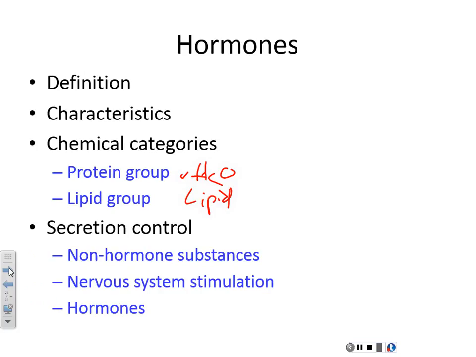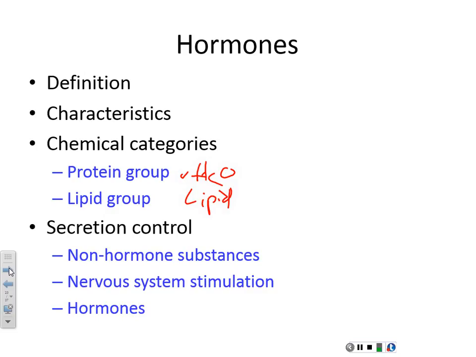For starters, you could use other non-hormone substances, like glucose in the blood affecting the release of insulin. And then also there are times when the nervous system can stimulate the glands to release, such as how the hypothalamus controls the posterior pituitary. That's via nervous stimulation, action potentials.